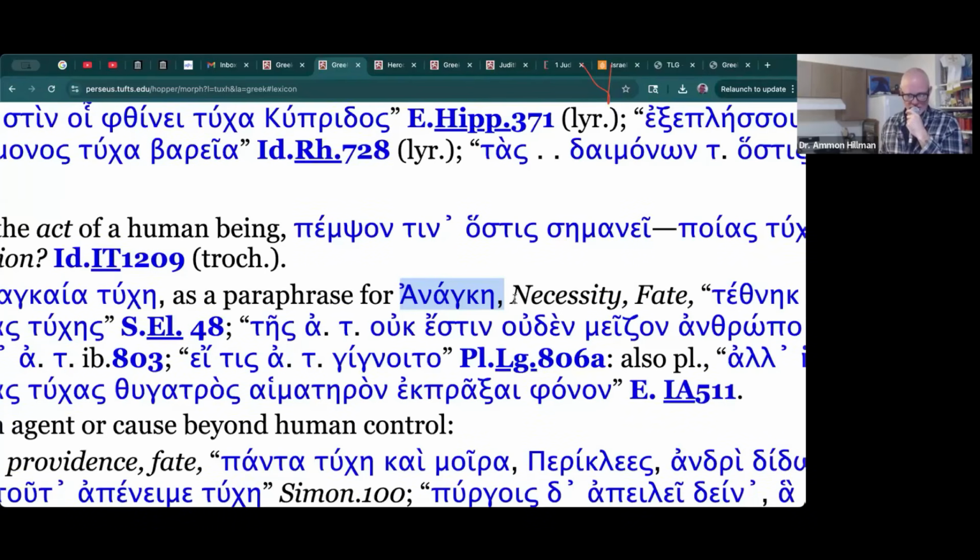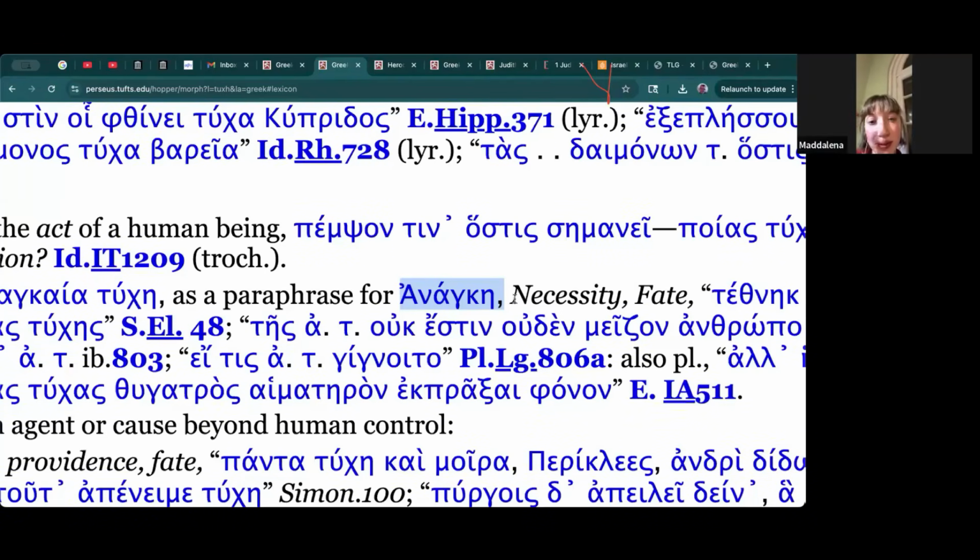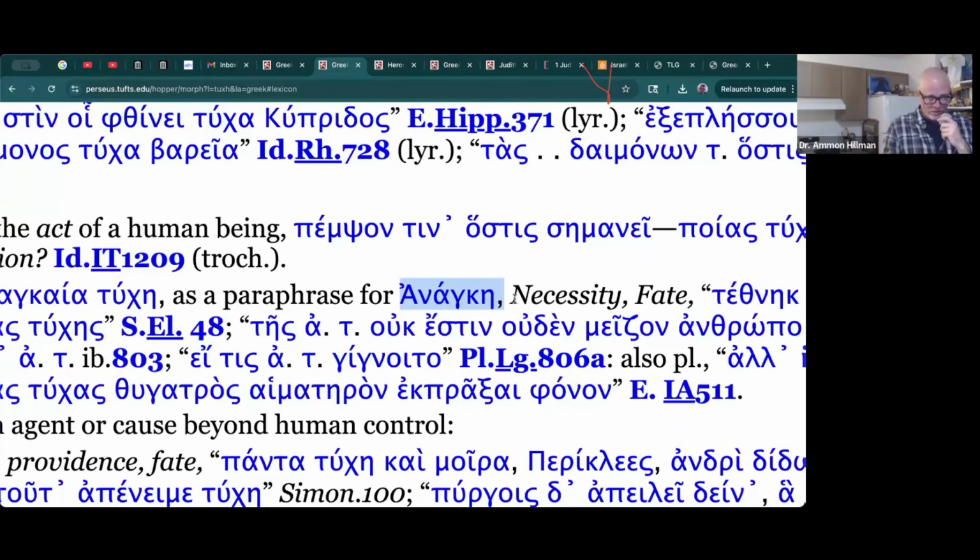So if you turn to those, you're going to find her, Ananke. Notice it's capitalized. And she is that lover of Eros. You remember, the universe only exists when Ananke and Eros become separated.